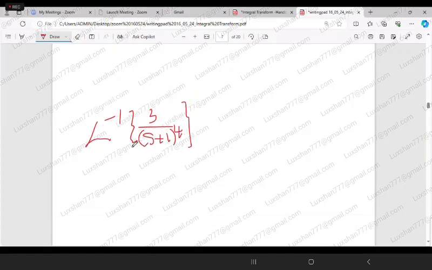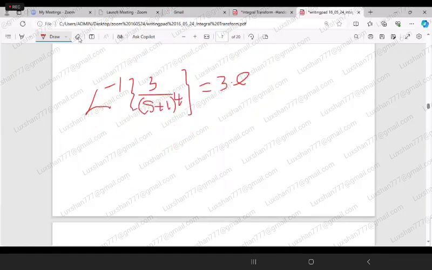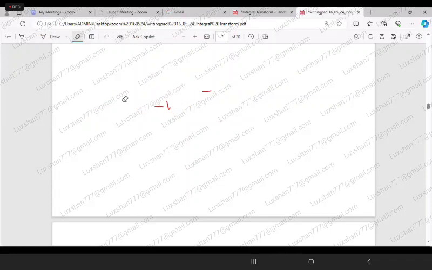Actually, we have to use the change of scale property. So this is equal to 3 into e to the power, so when you have s plus 1 to the power 4, that is nothing but what? You have to study well, otherwise it will be difficult.